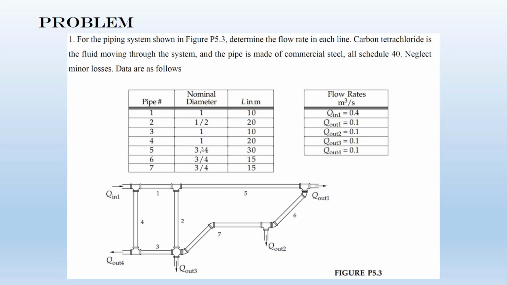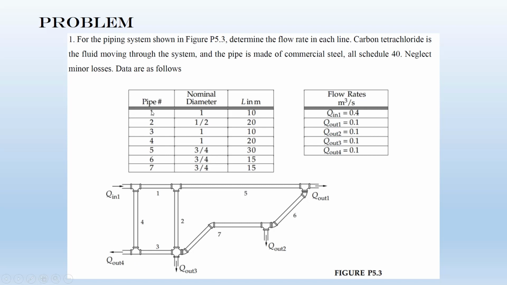In addition to my PowerPoint presentation file, I share a PDF file and also an Excel sheet. So please open those files as well. And then for this pipe network, there are 7 pipes. So there is just one inlet. We have the Q in, and also we have our Q outs.